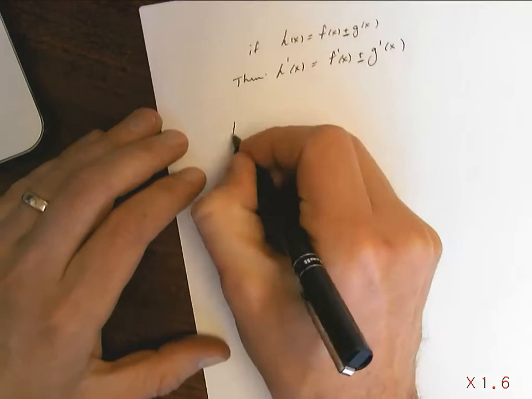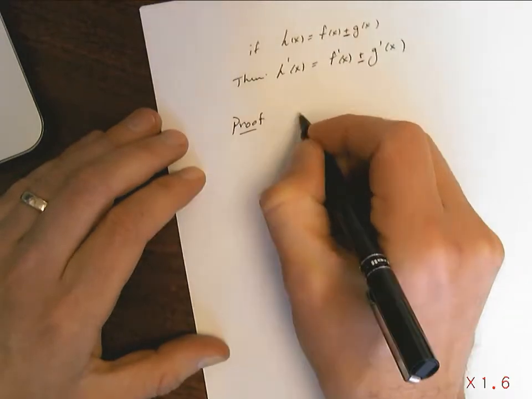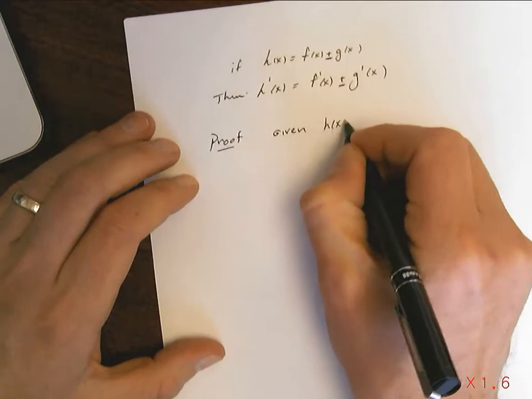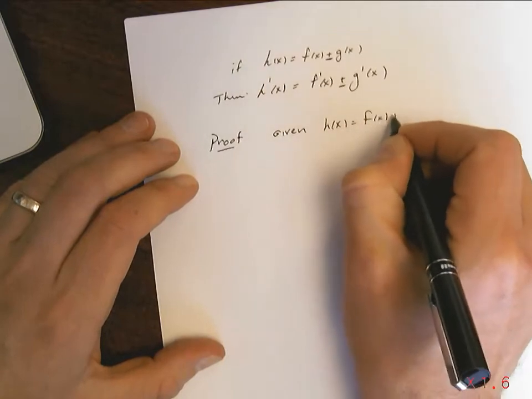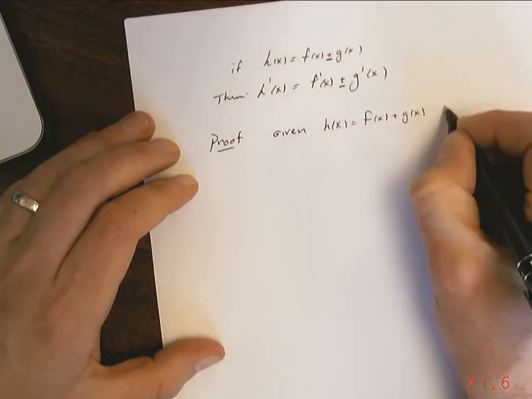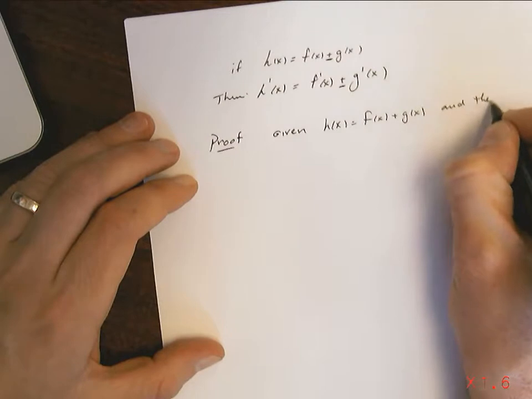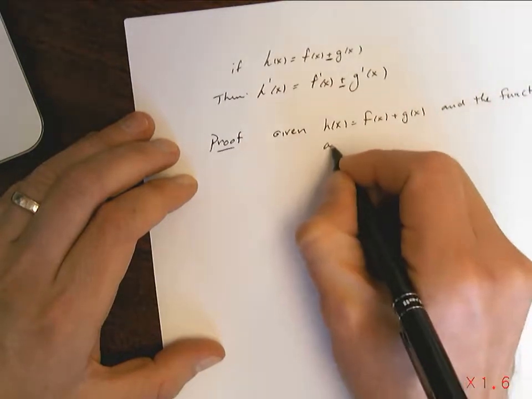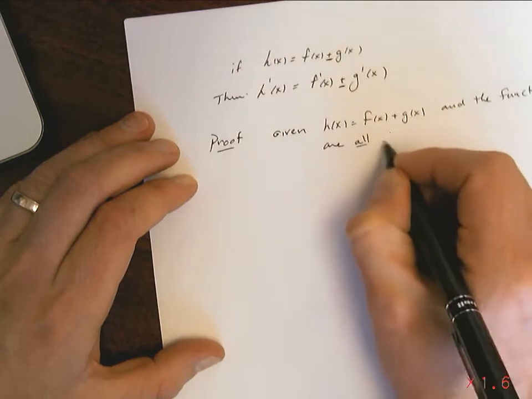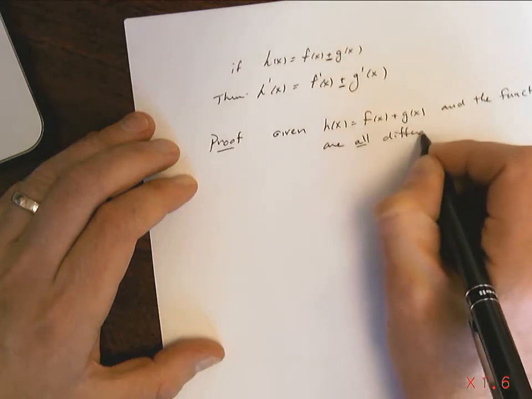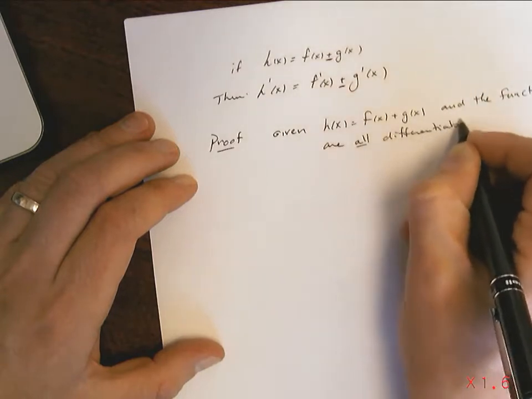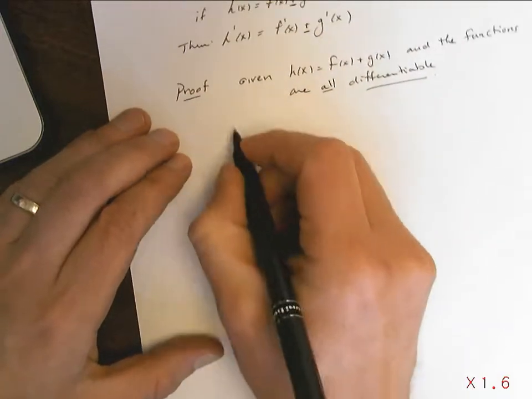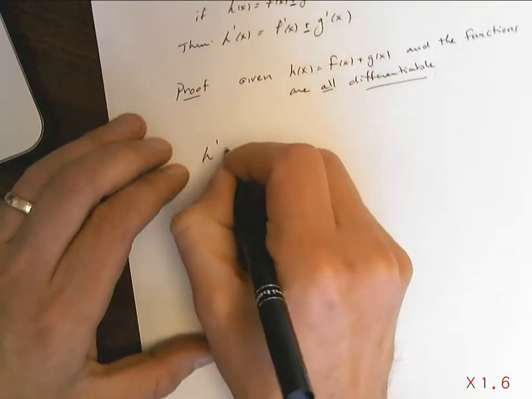So, proof. Given h of x equals f of x plus g of x, and the functions are all differentiable, then what I want to show is the derivative of h of x.